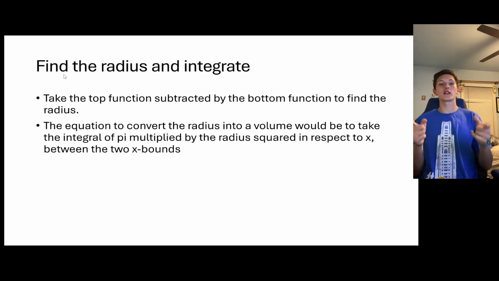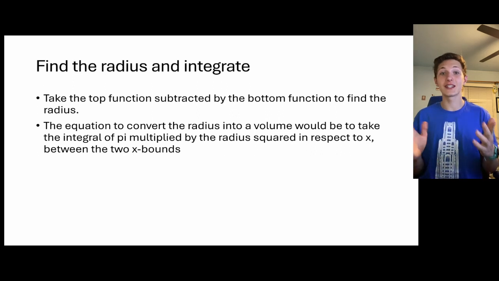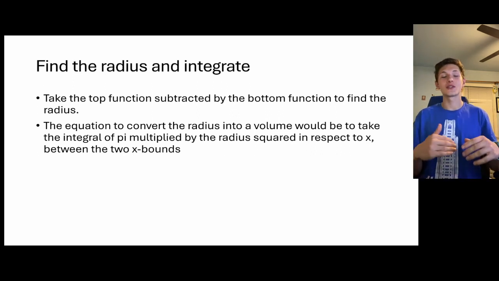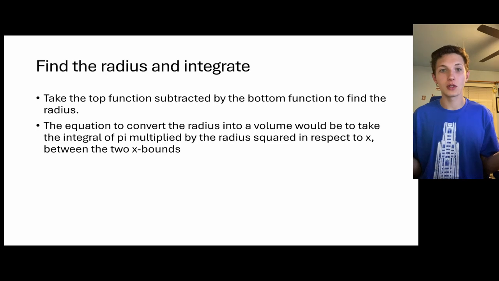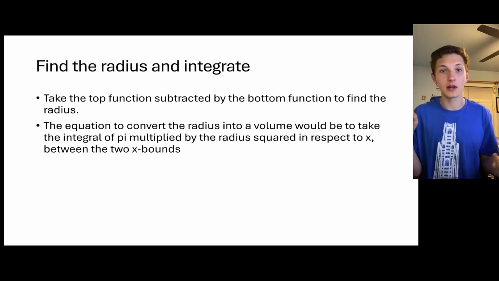So that moves us on to our next step, which is finding the radius. Handy for us, this problem is pretty easy to do that. We're just taking top minus bottom, so we just have our top function left. So it's just 4 minus x squared.